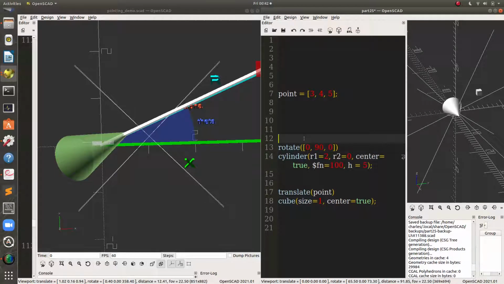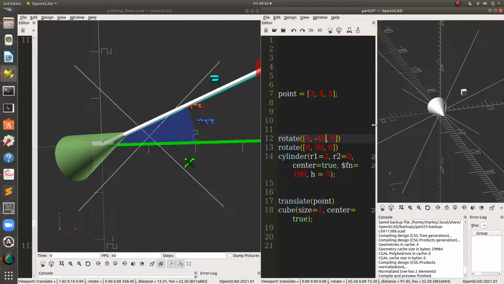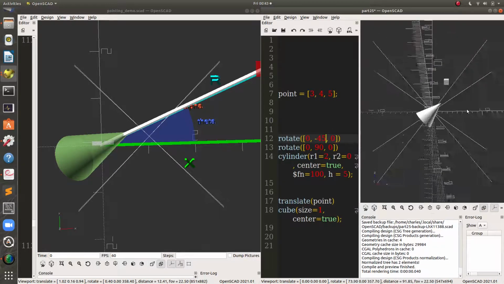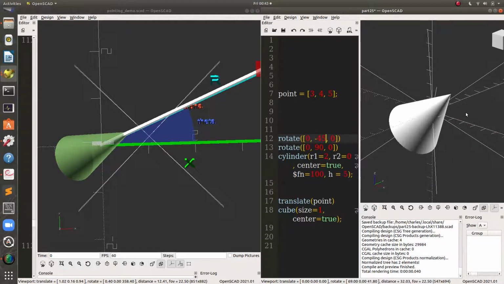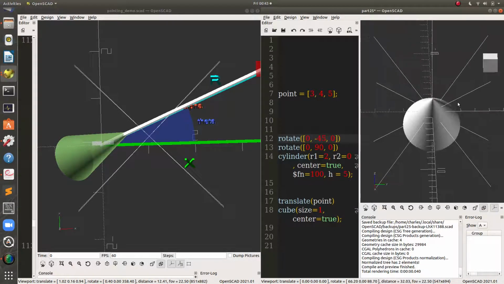If I were to rotate this around the y-axis, sorry, negative 45 degrees, it's pointing up, but it's still stuck on the xz plane.